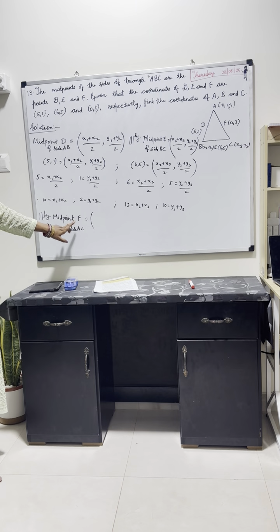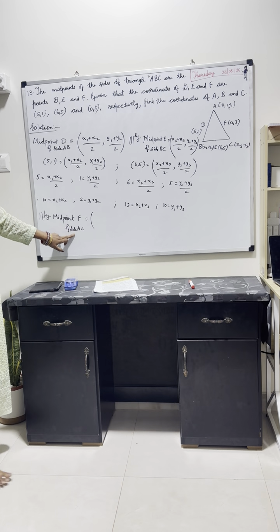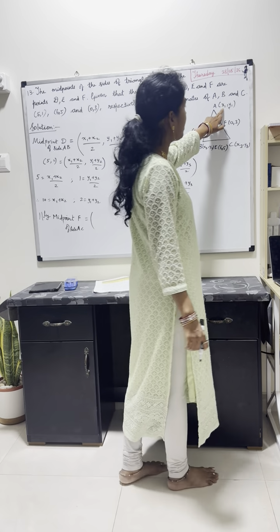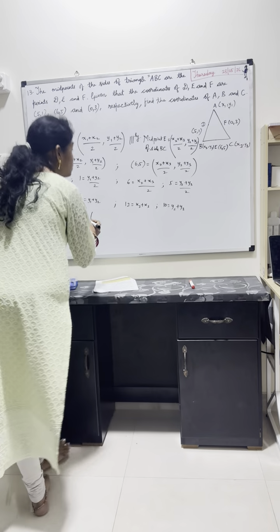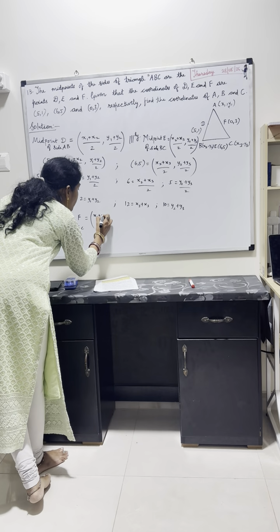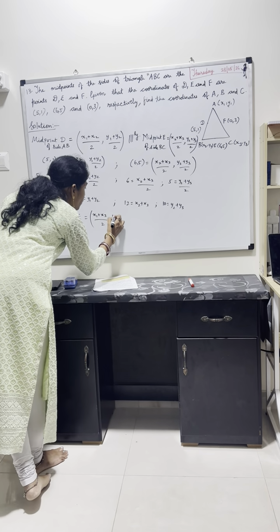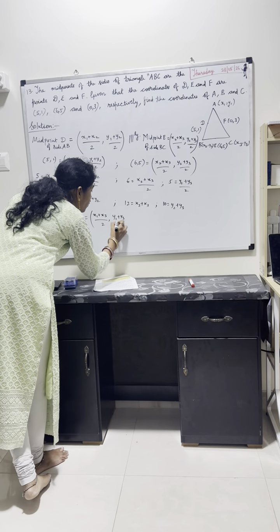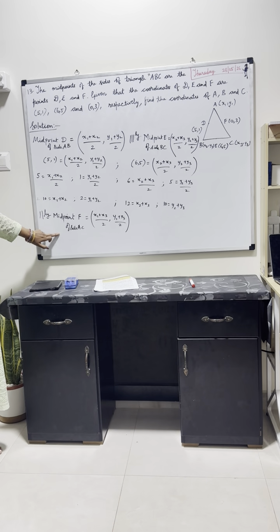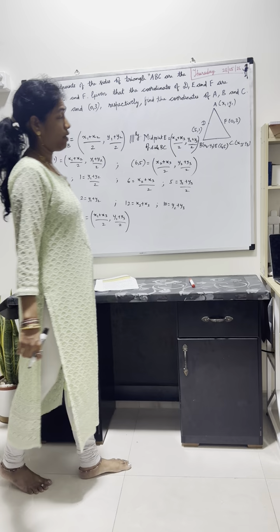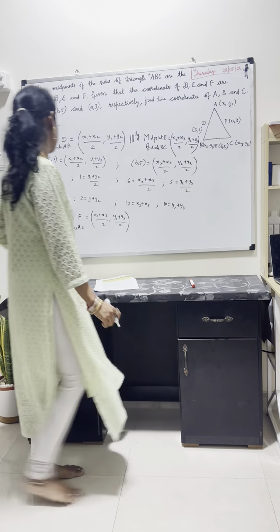Clear? So how do you find the midpoint of side AC? That is nothing but the endpoints, x1 plus x3 upon 2, y1 plus y3 upon 2. Clear? Now what do you have the coordinates of F as 0, 3?